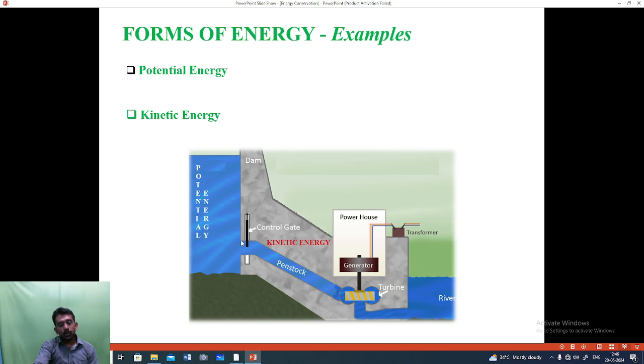And when this boundary is released, when this boundary is open, the water flows through the pipe or penstock, it becomes kinetic energy, and this kinetic energy in turn is converted to mechanical energy by means of a turbine and generator setup. The turbine converts this mechanical rotation into electrical energy by means of a generator, which is boosted by means of a transformer and transferred to the main electricity grid.